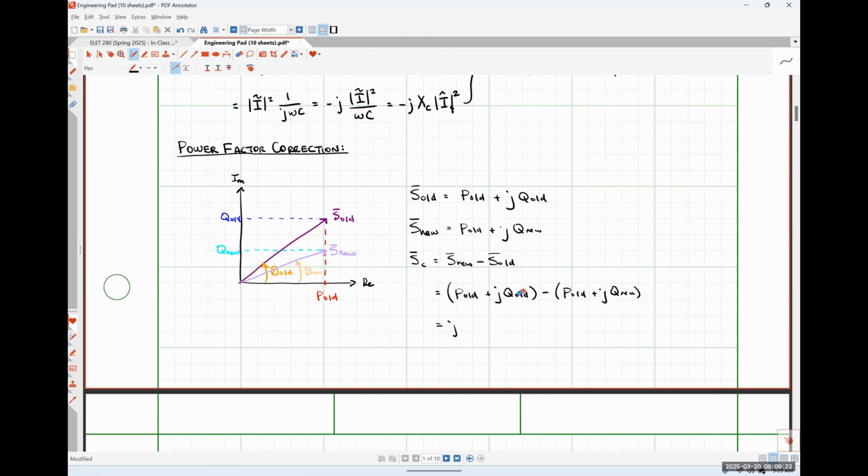Sorry, I got these backwards. That one should be new, and that one should be old. Sorry about that. I'm going to be left with j times Q new minus Q old, where Q new minus Q old is always going to be a negative quantity that I'm going to call Q cap.